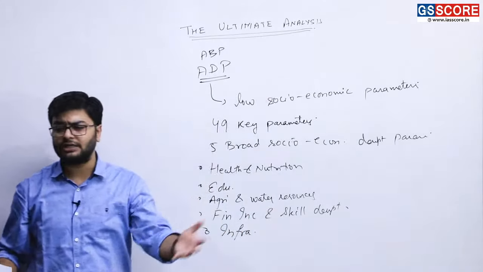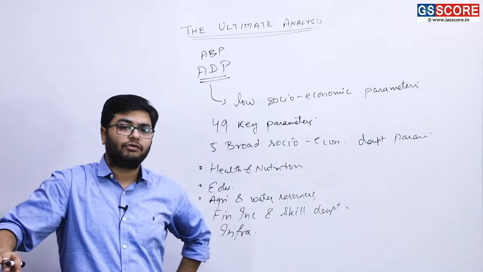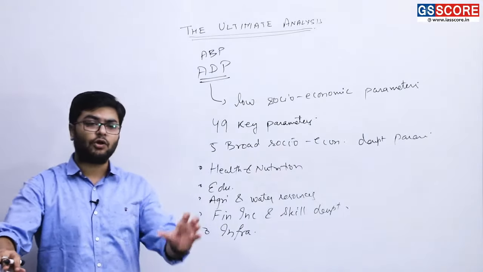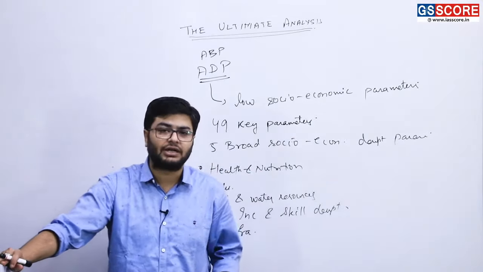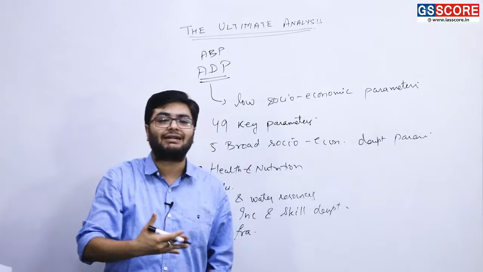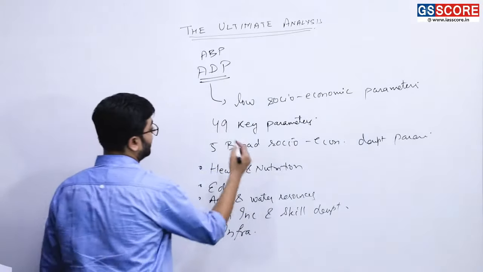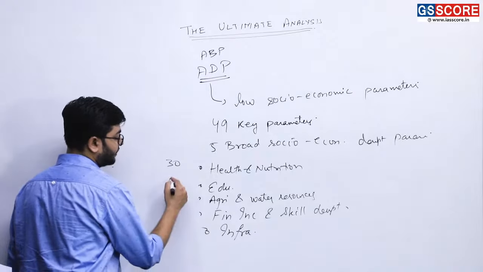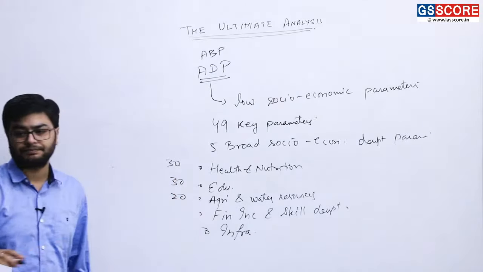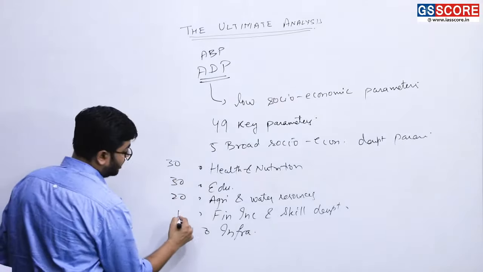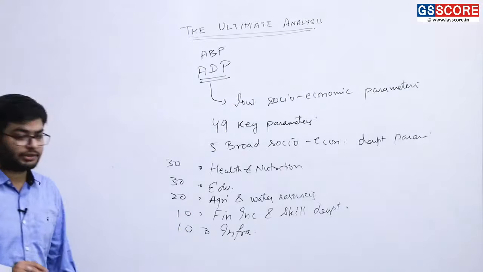And then all of these are divided into further categories, right? The weightage percentage that was given in devising that ranking was 30%, 30%, 20%, 10% and 10%.